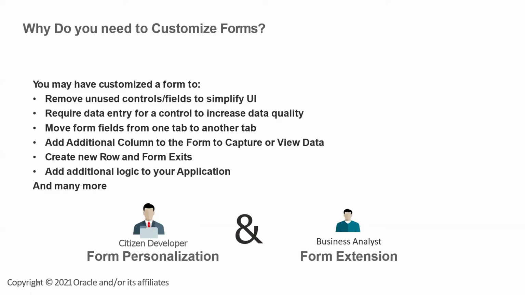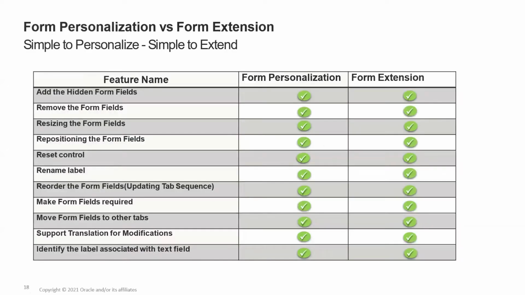Right? What I'd like to do then is just kind of call out, and I can provide this slide deck to you, some of the features that are available within form personalizations, and some of the features that are only available in form extension.